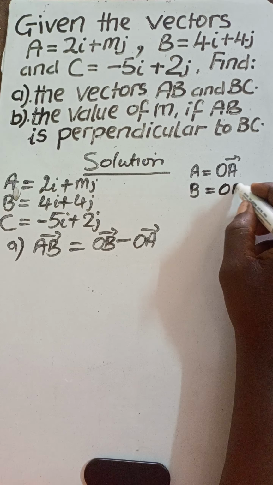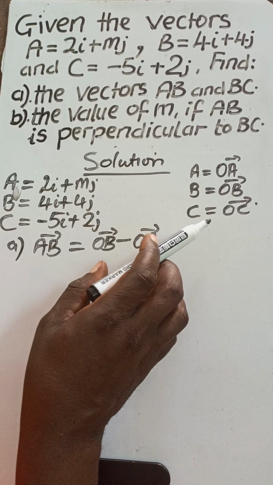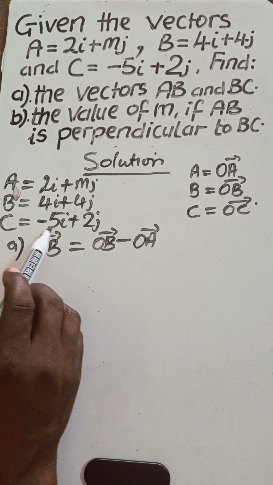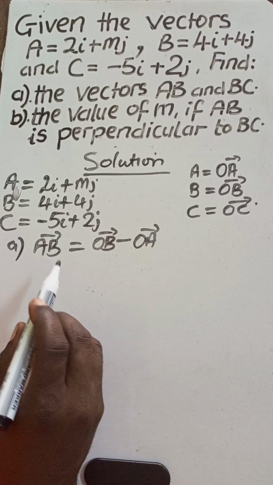The point C, after plotting, we connect it with a straight line to the origin to obtain the vector OC. So whenever you see OB, you think of the vector 4i plus 4j. It's actually the position vector of the point B. If you see OA, you think of 2i plus mj. You see OC, you think of the vector negative 5i plus 2j.